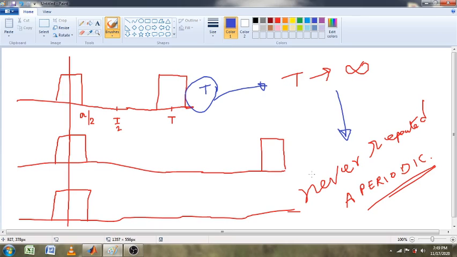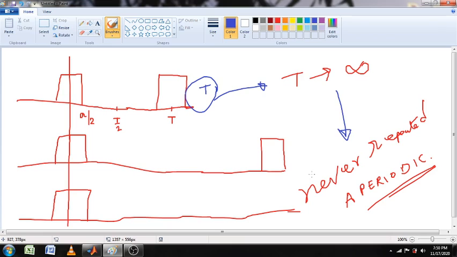Any signal you try to observe, suppose solar bursts or some radio signals coming from astronomical sources, is of finite duration. Any signal of finite duration cannot be a periodic signal. So we need the tools necessary to analyze these aperiodic signals, and that's what we are going to do.